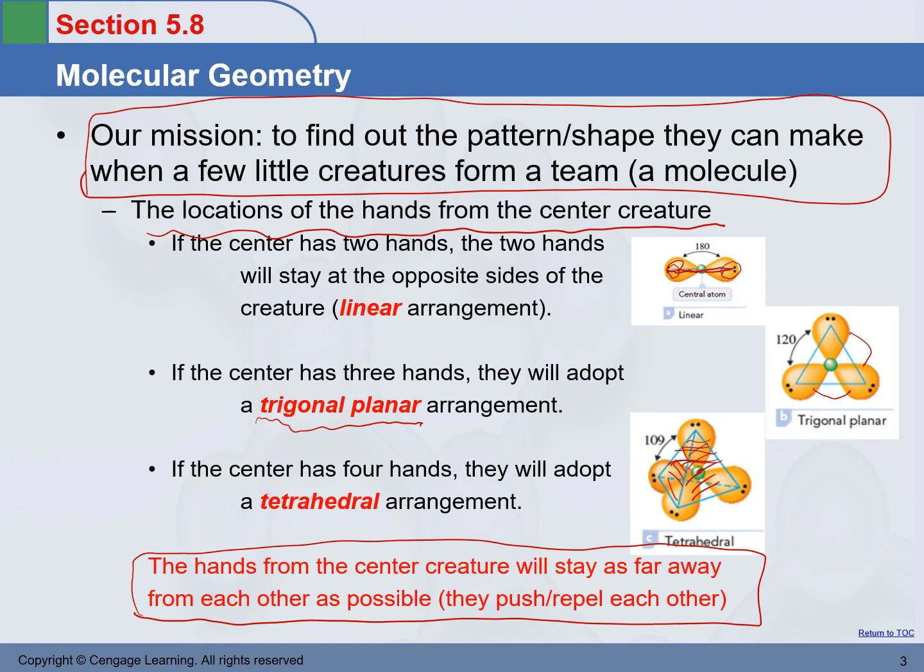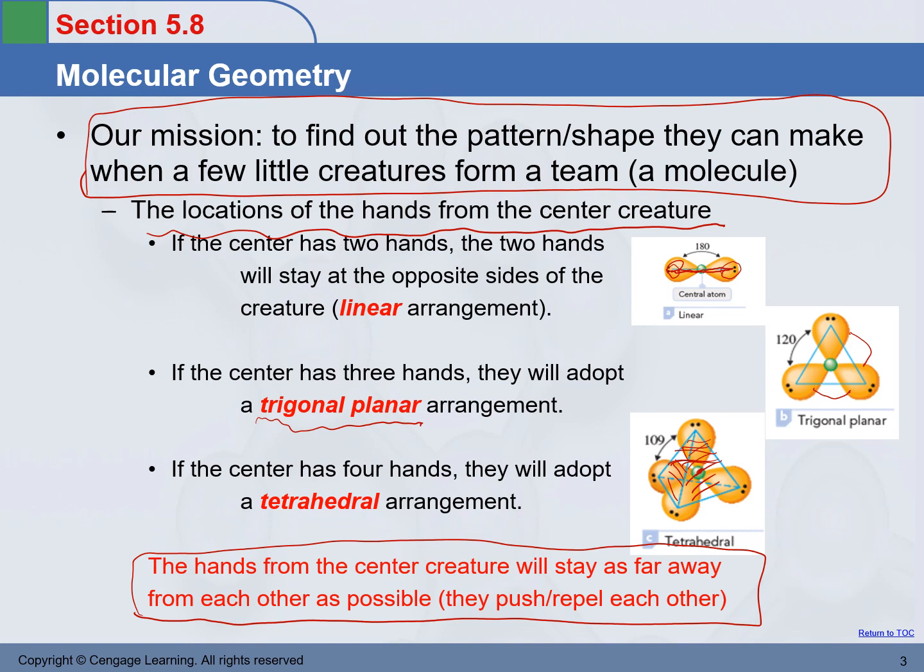Now here is our goal. I hope we all realize that our next step will be trying to figure out how many hands the center creature has. How do we know that? Or if we are talking about a molecule, the question will be how many electron groups are there around the center atom?